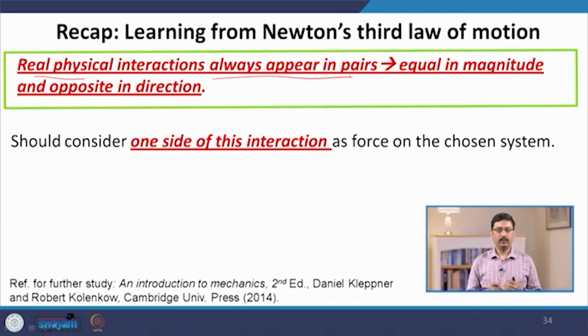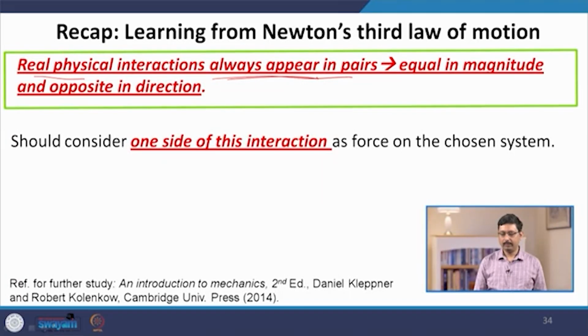We will not consider those kinds of examples in this course, but these non-inertial frames exist. This is the difference between those situations and the real physical force. Real physical forces always appear in pairs which are equal in magnitude and opposite in direction.